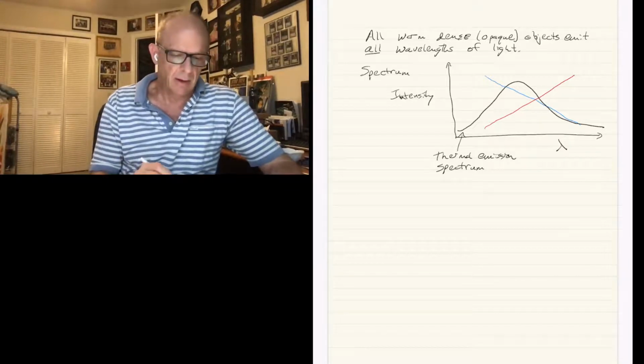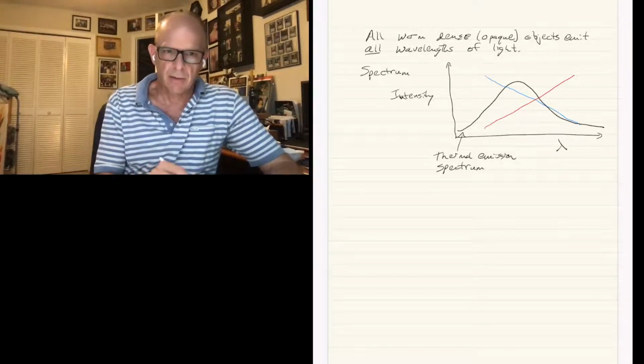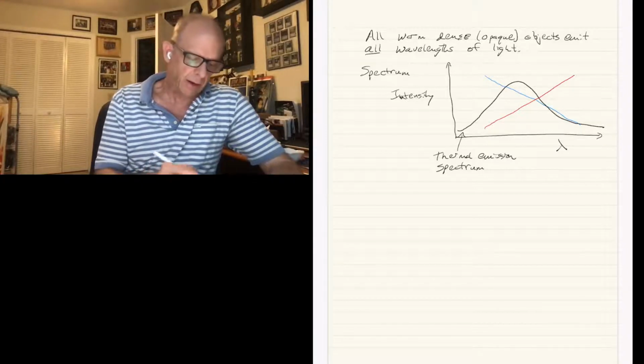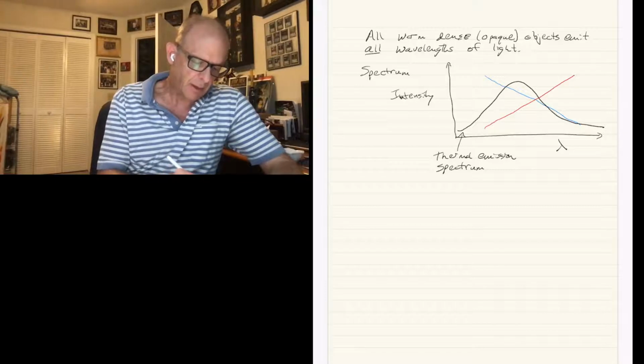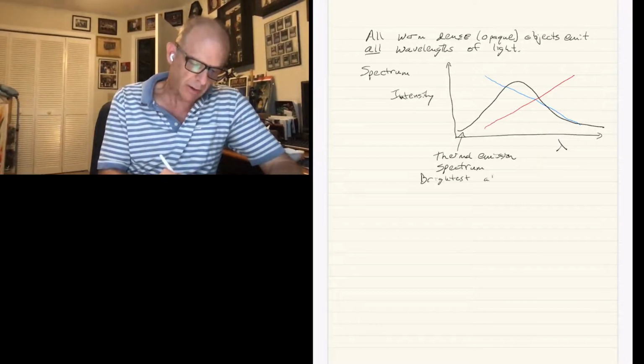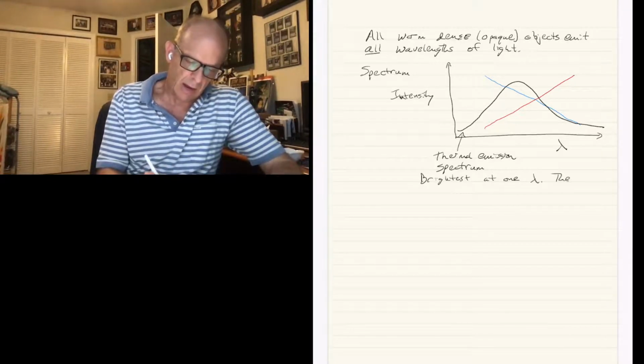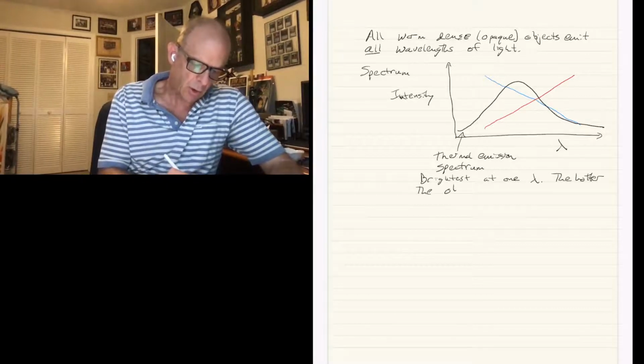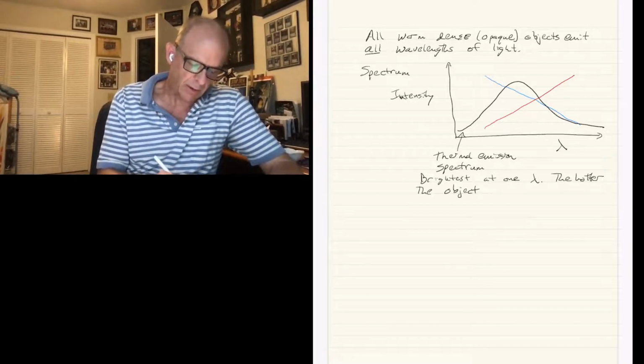And there's light at all wavelengths, but there is one wavelength where it is brightest. And that's always the case. It's always brightest at one wavelength. And the hotter the object, the shorter that brightest wavelength is.